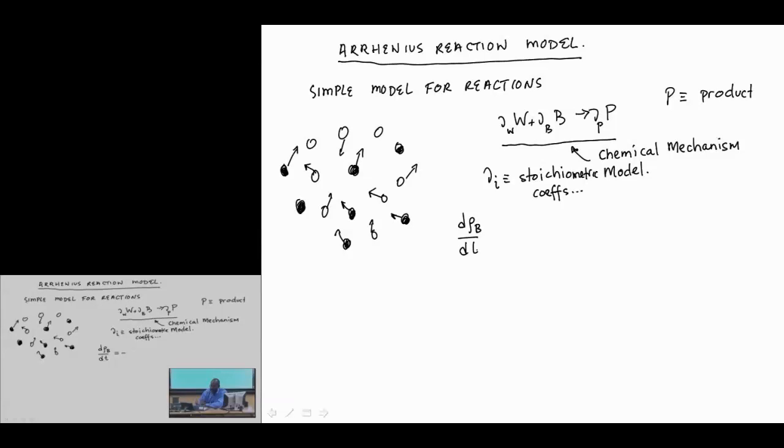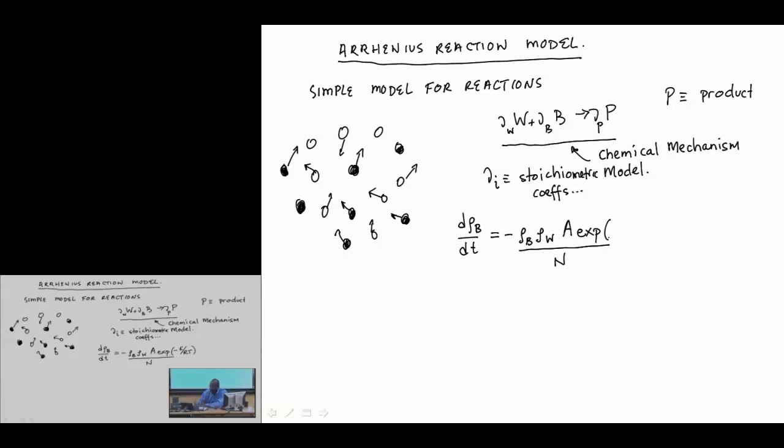And so we imagine that that relationship should depend in some way on the relative concentrations of species B and the relative concentration of species W. And this has to be normalized, so I'm going to just even put a normalization in here, times a rate constant, a rate coefficient, times this Arrhenius type relationship.